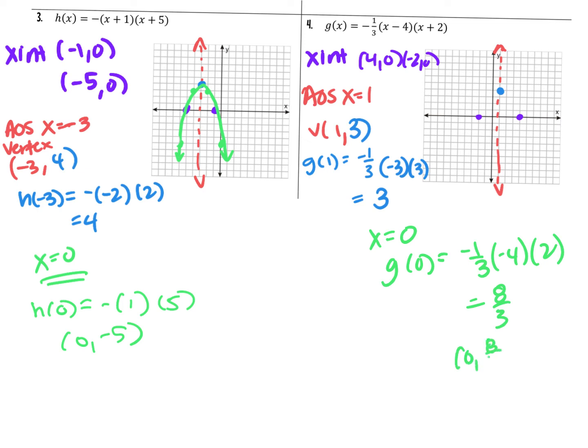Now, if you want to, you can try and plug in a different number that will maybe not give you a fraction, might make it a little easier for you to work through, but it might take you a while to find a number that doesn't give you a fraction. 8/3 is just 1/3 less than 9/3, and 9/3 is 3. So I'm going to just go a little bit less than 3 on my graph, and I'm going to put a point, and I'm going to connect and make my quadratic.